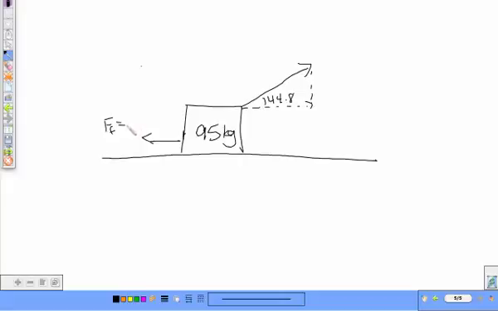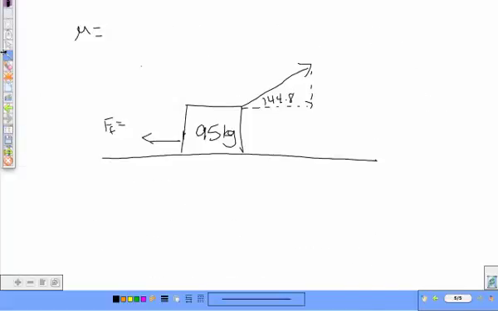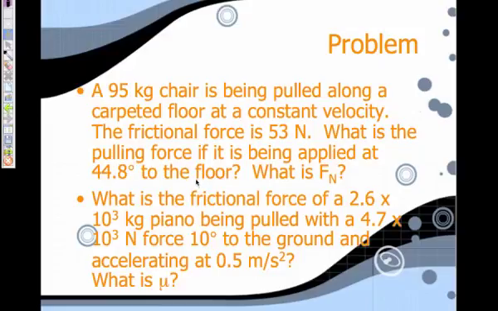The force of friction was that small? Wait, I think, just a second. I think what I have on mine... Change it so it looks like mine. A 95 kilogram chair, it tells you the frictional force is 53 newtons. And then the angle. Coefficient of friction, remember, is mu, so if we ever do see that.